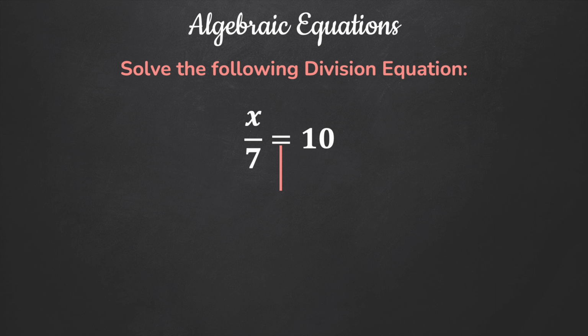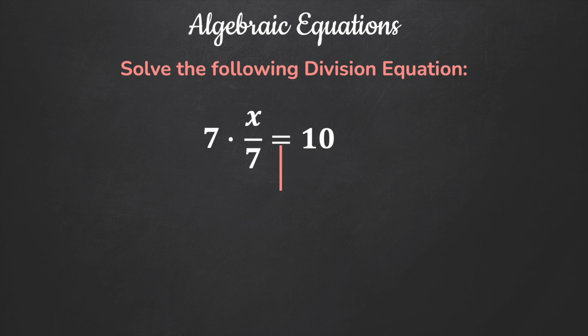On the left side, we have x divided by 7, and on the right side, we have 10. And in order to get x by itself, we need to undo that division. So it's being divided by 7, and we want to undo that. In order to undo that, we're going to multiply by 7.